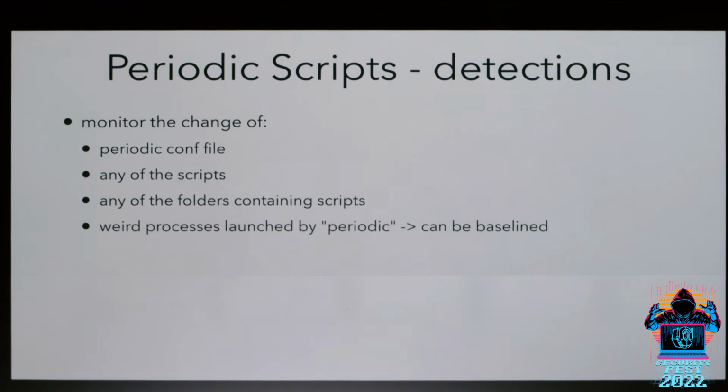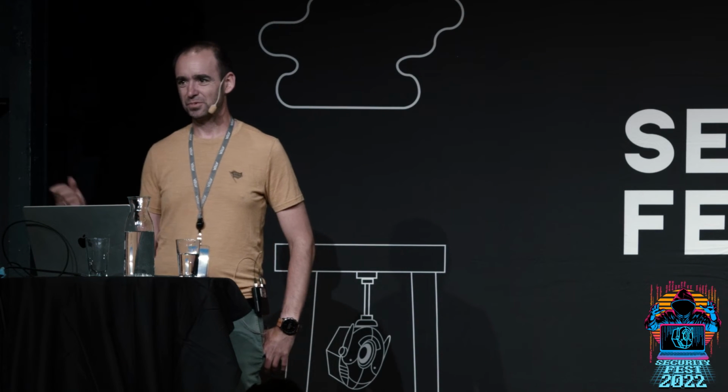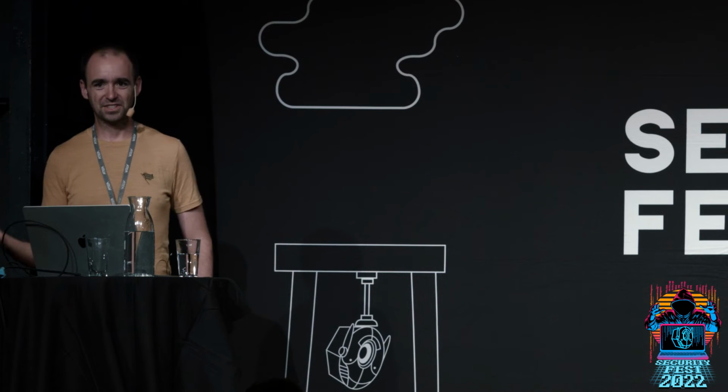Yeah, detection. I think there are a couple of things here. First of all, monitor for the change of the periodic config file. That shouldn't change really, because someone can define a new location for the scripts. Basically monitor for the change of any of the scripts or any of the folders containing the scripts, and probably also monitor for some weird processes started by periodic.